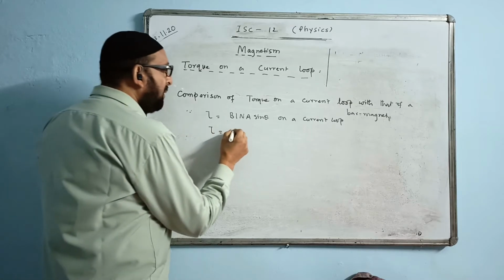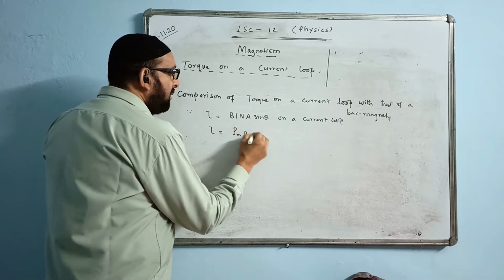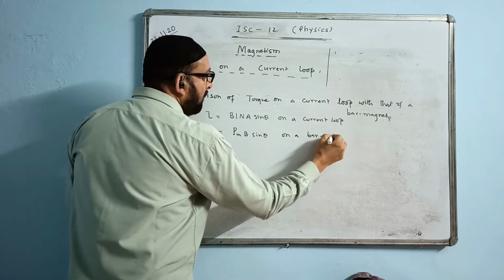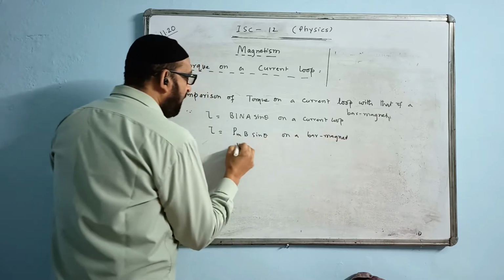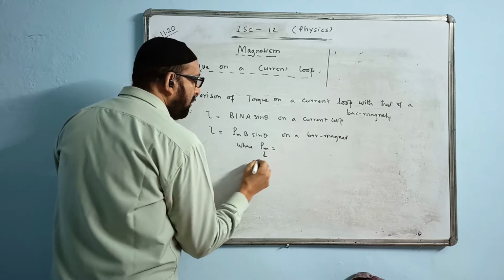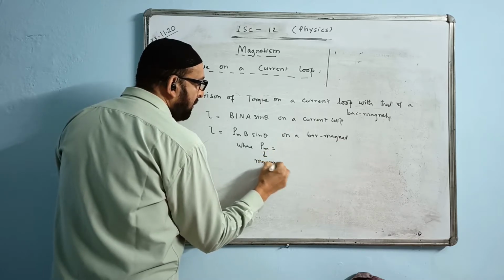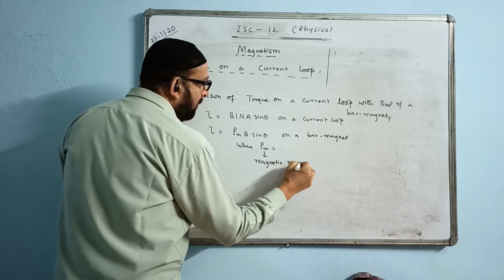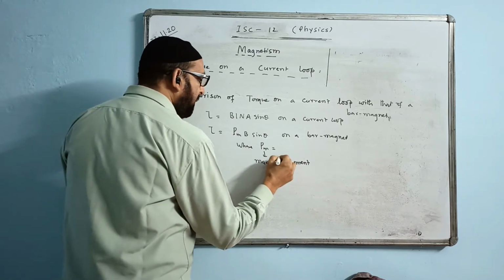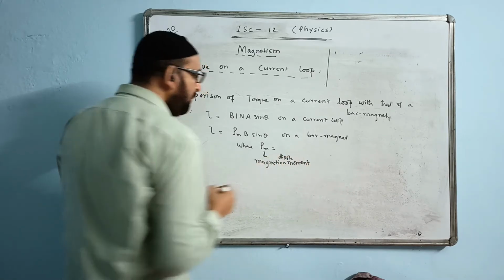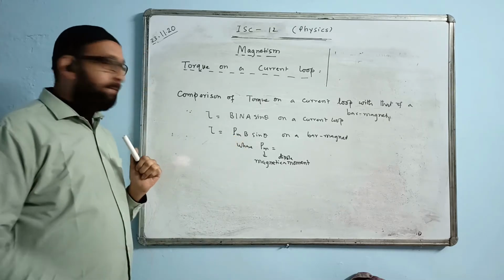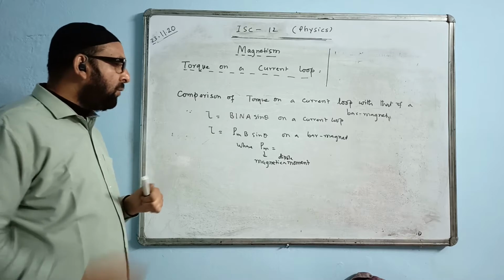The formula will be like this: P_m B sin theta, on a bar magnet, where P_m is called magnetic moment, or magnetic dipole moment. P with a subscript m is called magnetic dipole moment.